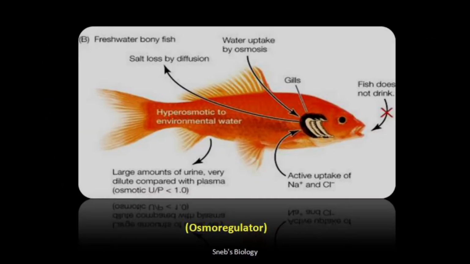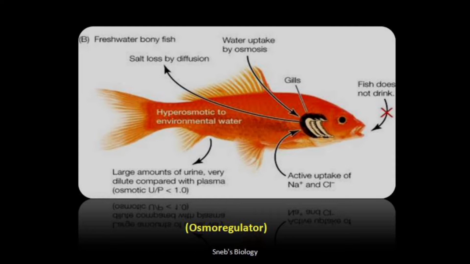Ions diffuse from higher concentration to lower concentration, so there will be passive diffusion or movement of ions. That means the animal will not be able to control it. Second problem, water always moves from a less concentrated solution to a more concentrated solution, or hypotonic to hypertonic. So there will be passive movement of water also. Both the movements taking place are passive, but because ions are coming out and water is going in, this fish has to deal with these two problems.